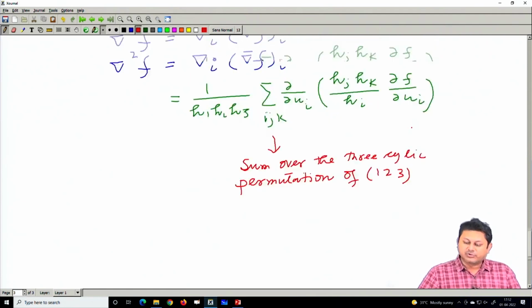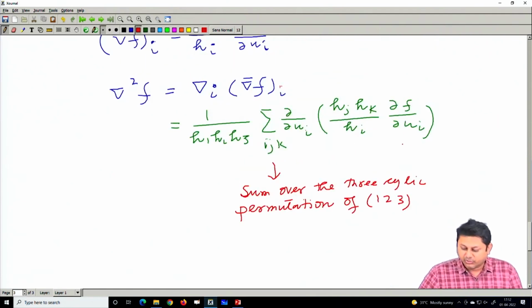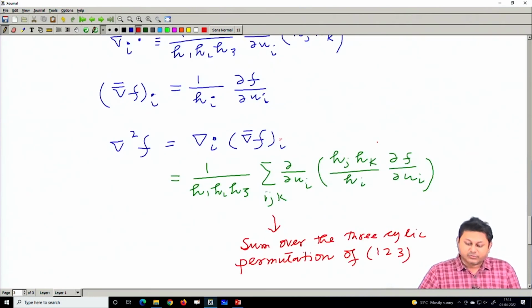So, it is 1 2 3, then 2 3 1, then 3 1 2.